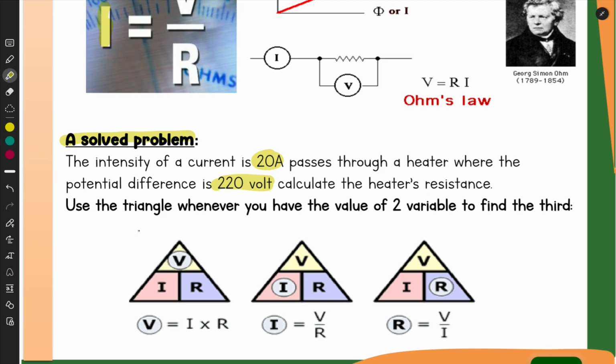So R equals V over I, which is 220 over 20, equals 11 ohm. This is how we can use laws to solve the problem.